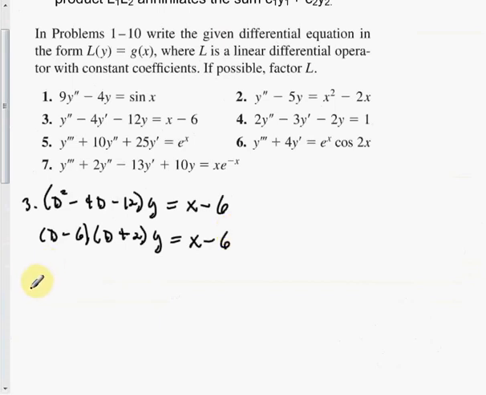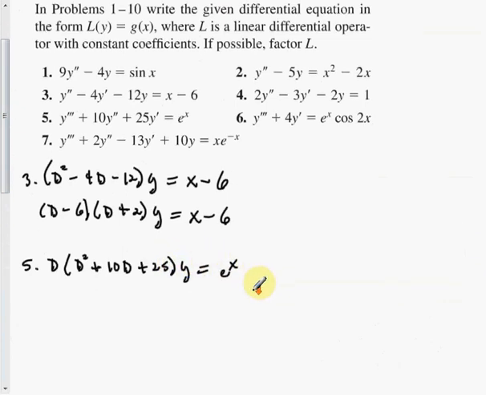What about number 5? Number 5 is D(D² + 10D + 25) on y is equal to e^x.